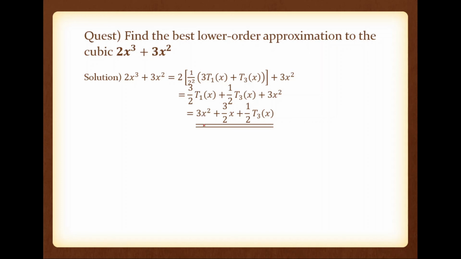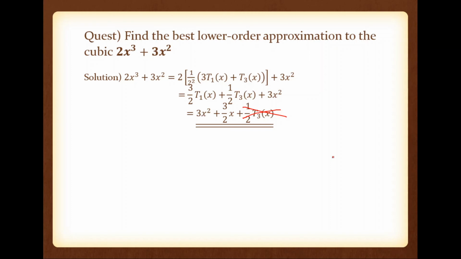So 3x square plus 3 by 2x plus 1 by 2 T3 of x. So now what is the best lower order representation? The best lower order representation of 2x cube plus 3x square is 3x square plus 3 by 2x if you are removing this term. 2x cube plus 3x square can be represented as 3x square plus 3 by 2x.